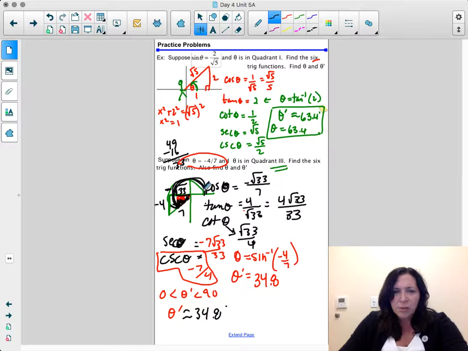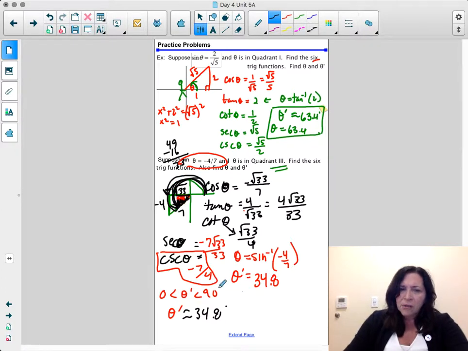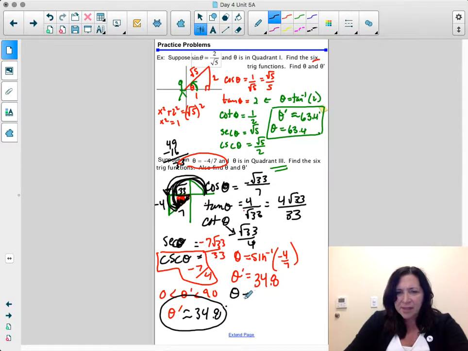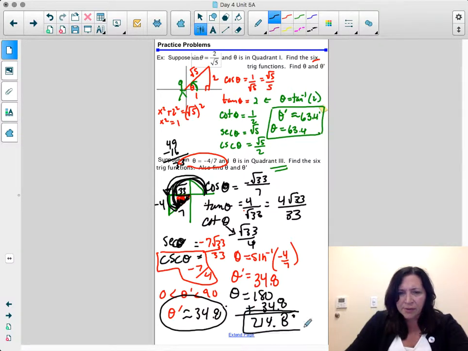So what you would do is say, well, I know from here to here is 180. Now I have to add 34.8. So my reference angle is 34.8, but my actual angle, which is theta, is going to be 180 plus 34.8 for 214.8 degrees, and that's theta. Okay?